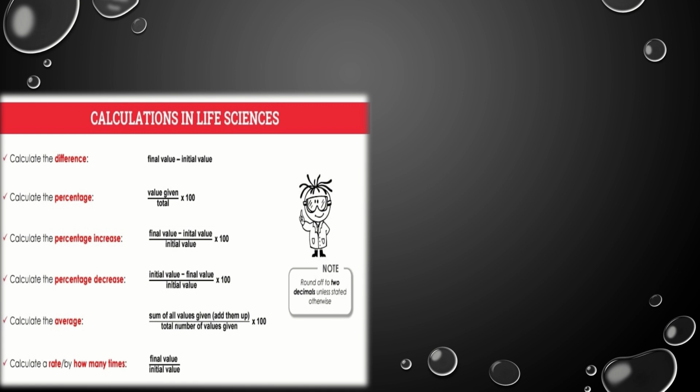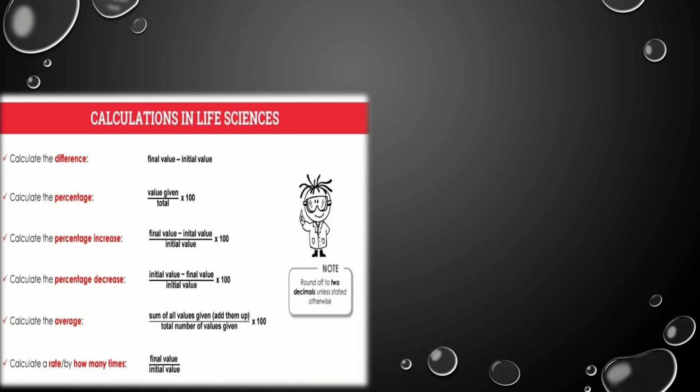And mostly in mathematics, you do the difference, you do percentages, you do average and a rate, calculate the rate of change, whether in time or in speed, and mostly this is done in physical sciences, which is content not mostly asked in life sciences, but we can sometimes ask, calculate the rate between two intervals.